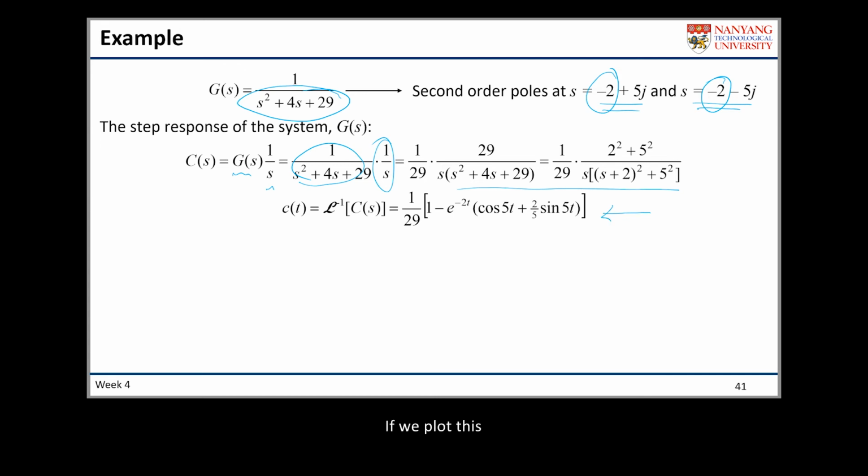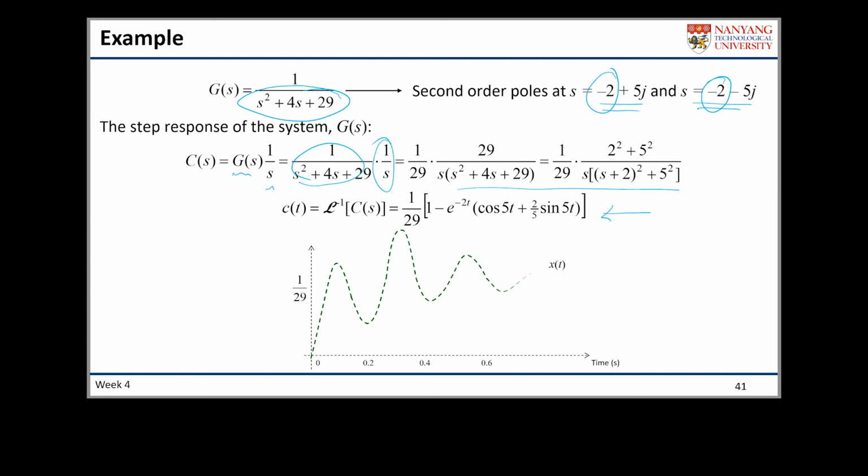If we plot this response, c(t) versus time, the response will more or less look like this. What do you see now? The response is oscillating, but in time, the response is converging to one single value. This implies that your system is stable, but it has an oscillation.